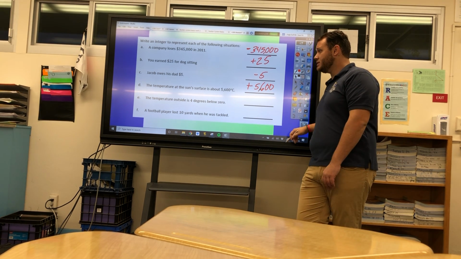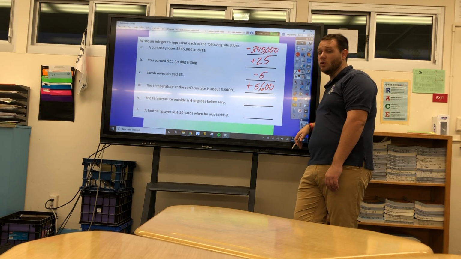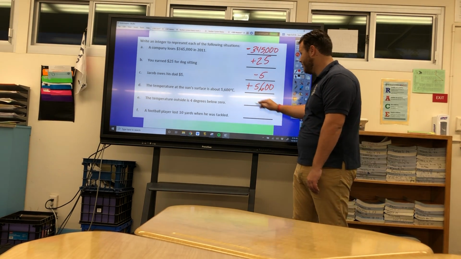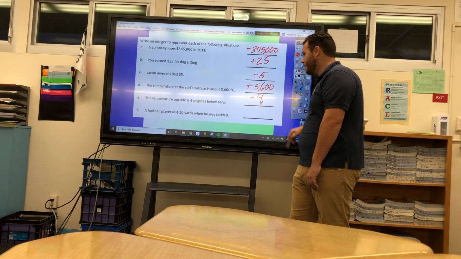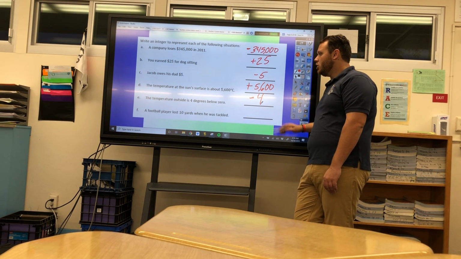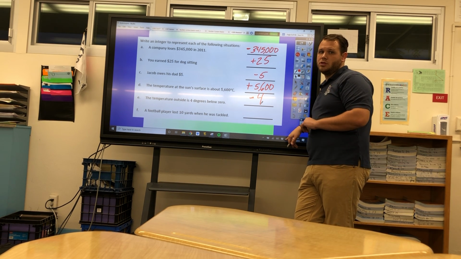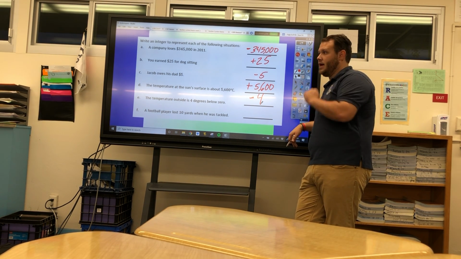The temperature outside is 4 degrees below 0. Again, below 0 is one of those dead giveaways that we're talking about a negative number. Talking about -4. And a football player lost 10 yards when he was tackled. I want you to try writing an integer for that scenario.